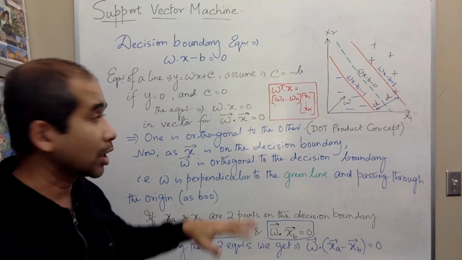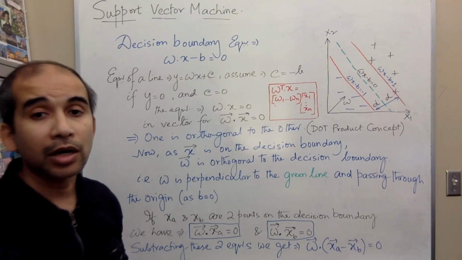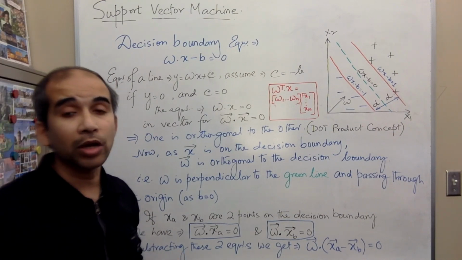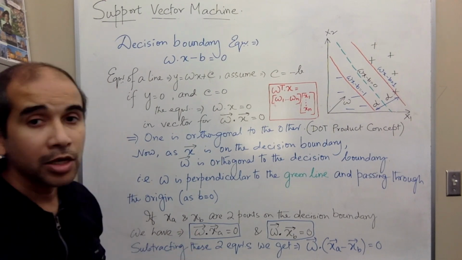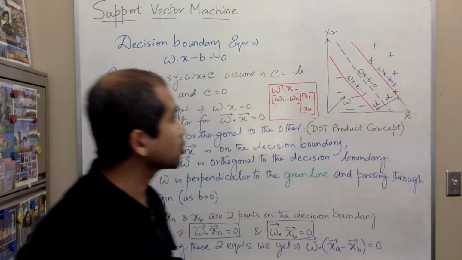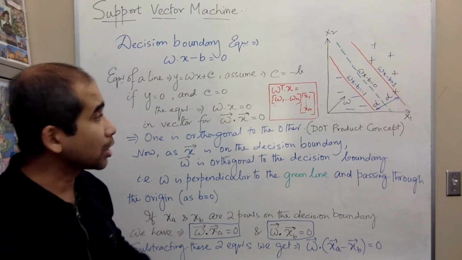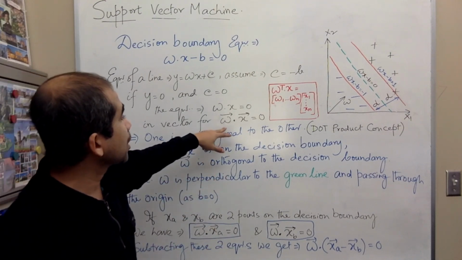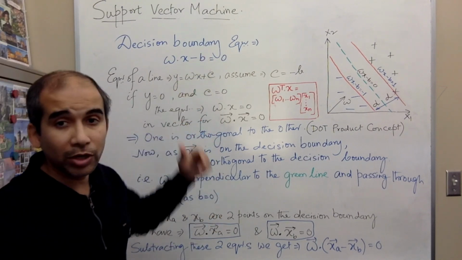And if you remember, the dot product of two vectors is 0 when one vector is perpendicular to the other, or they are orthogonal to each other. Okay, so now x is on the green line, so w is definitely the one orthogonal to that green line. Now we have to see that the intercept is 0. Okay, c equal to 0 or b equal to 0, whatever you say.